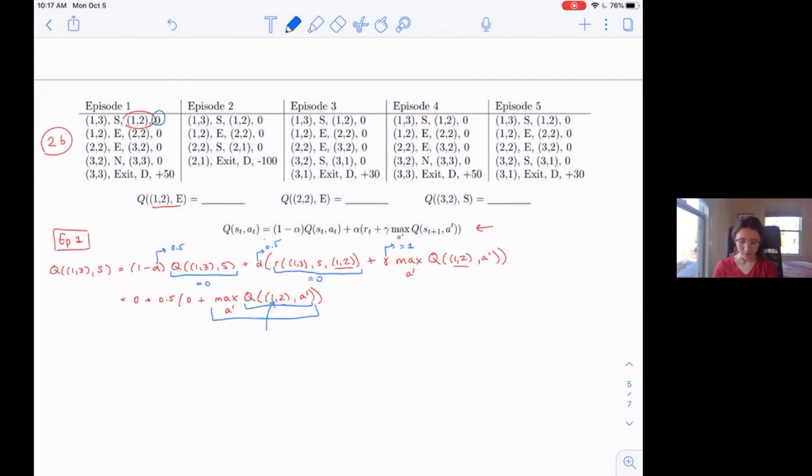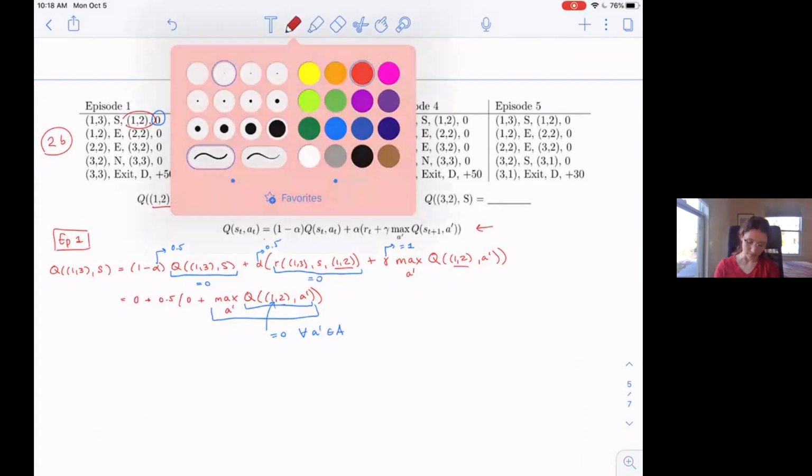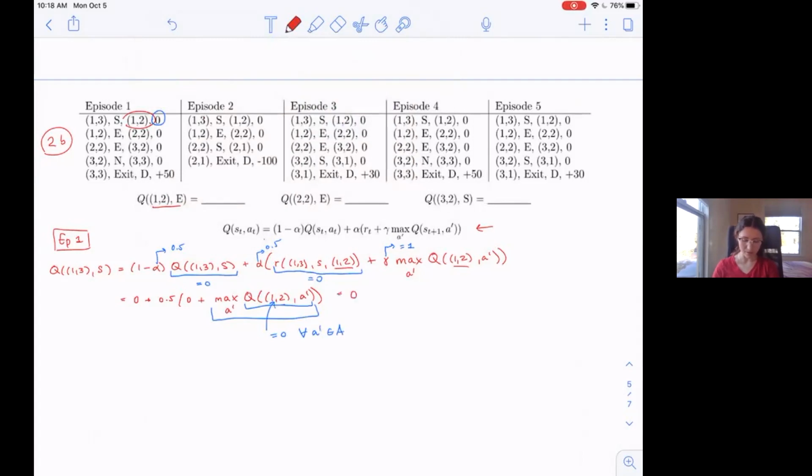And so the entry for Q12 and any action is going to equal 0 for all A prime in our action set, because we haven't updated it yet. So it turns out this max over all actions is always going to equal 0 no matter what action you plug in. And so in a little bit anticlimactic fashion, this Q function actually doesn't get updated at all for 1, 3, and south, because so far we haven't seen enough information about anything to actually propagate some non-zero values throughout.